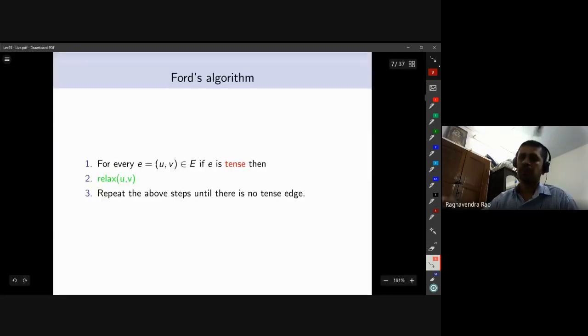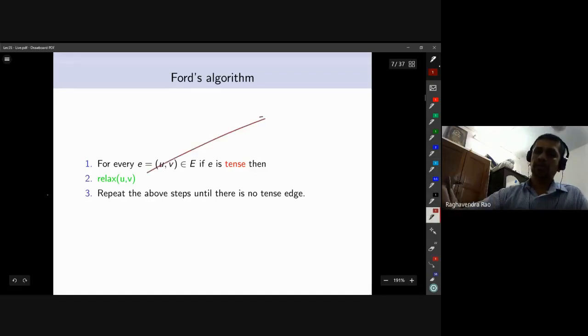Here is the generic algorithm. For every edge, if the edge is tense, then we apply relax. To expand, relax is basically: distance of V is distance of U plus weight of UV, and predecessor of V is U. So this is how it looks.